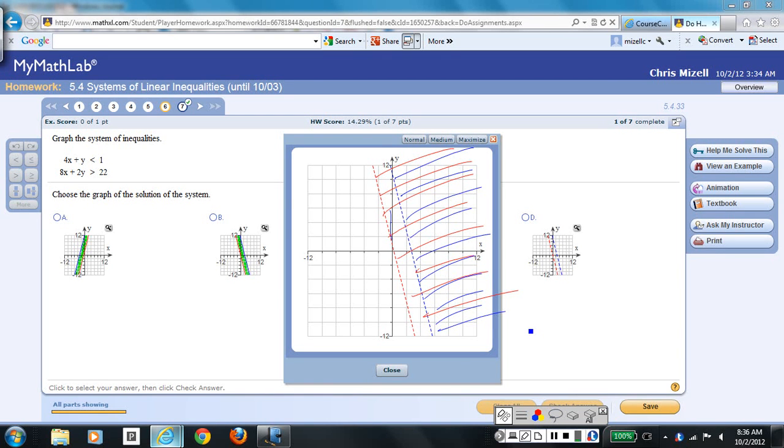Yes, so whatever got shaded with blue also got shaded with red, but the little sliver that got shaded with red did not get shaded with blue. So it would be this right here. And that would be the solution region. So you look to see what they have in common. There are several cases, even if the lines in question, the boundary lines, are parallel.